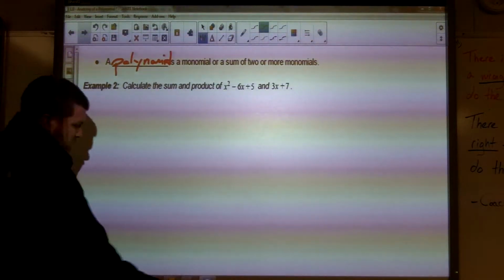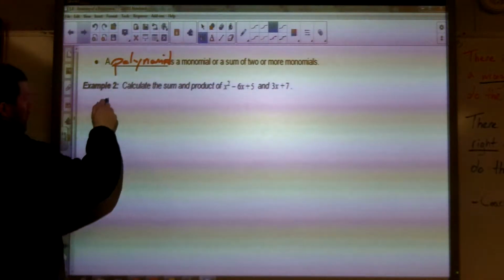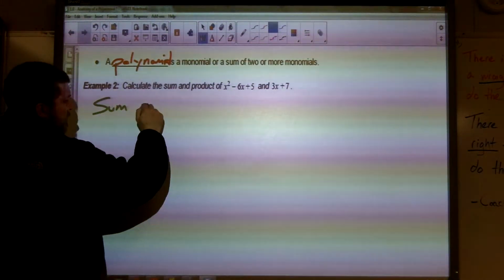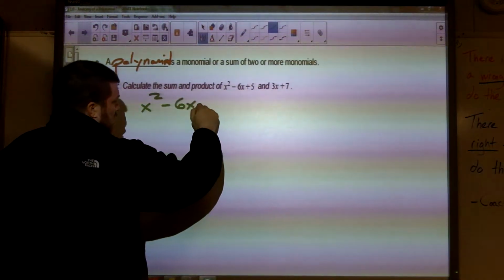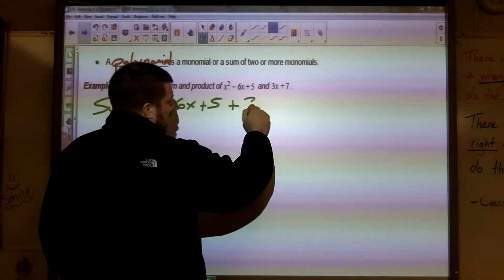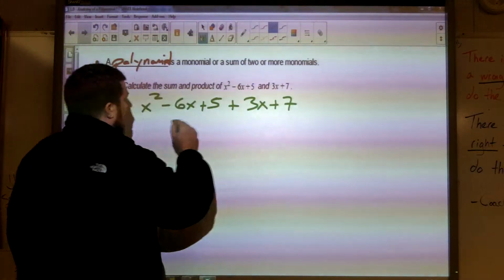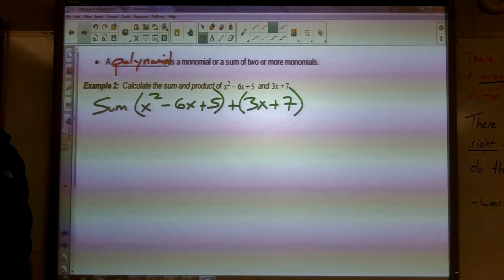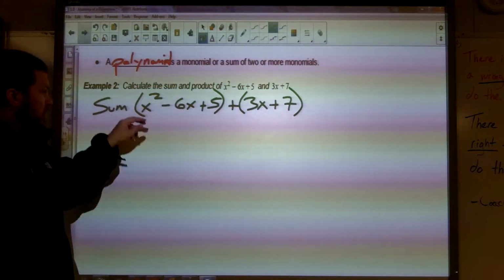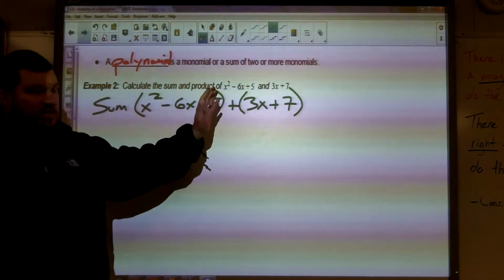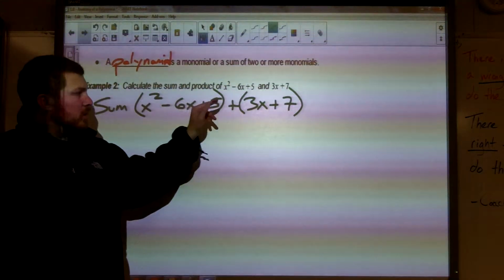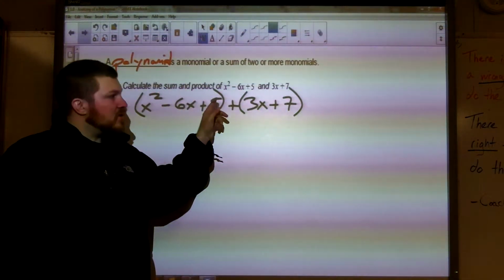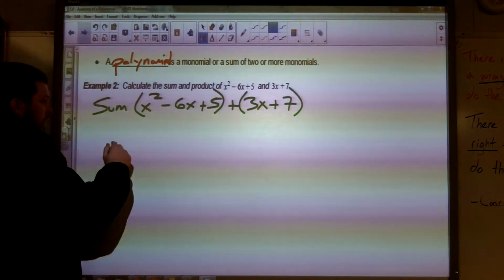Let's do the sum first. I'm going to do the sum in green. Okay, so I have my two separate polynomials and I want to add those together. I'm just going to combine like terms. So x squares will go with x squares, regular x's will go with regular x's, and constants will go with constants.